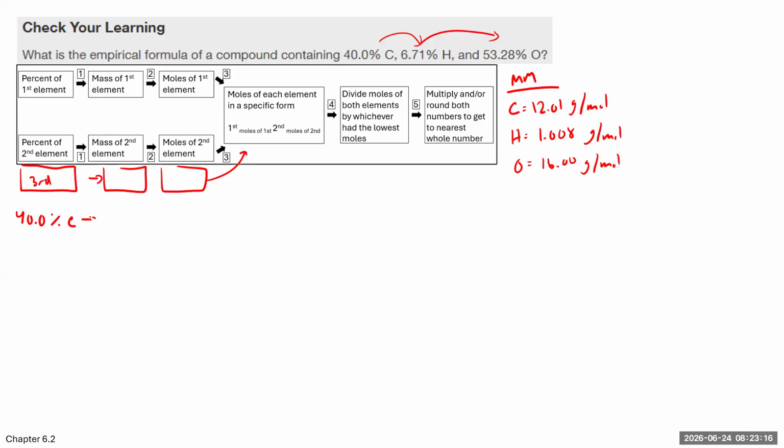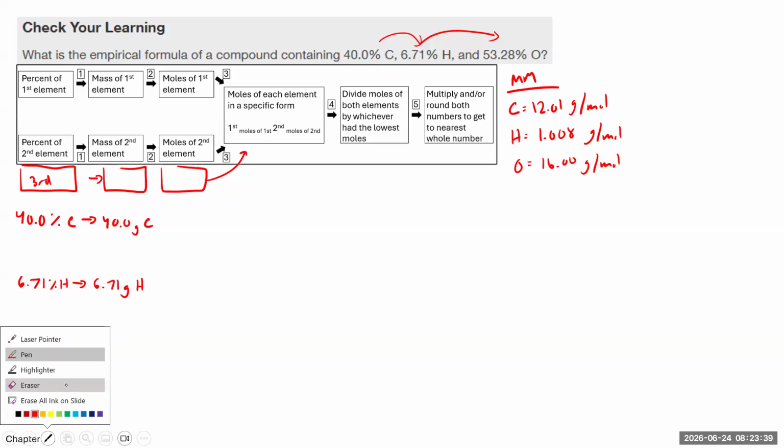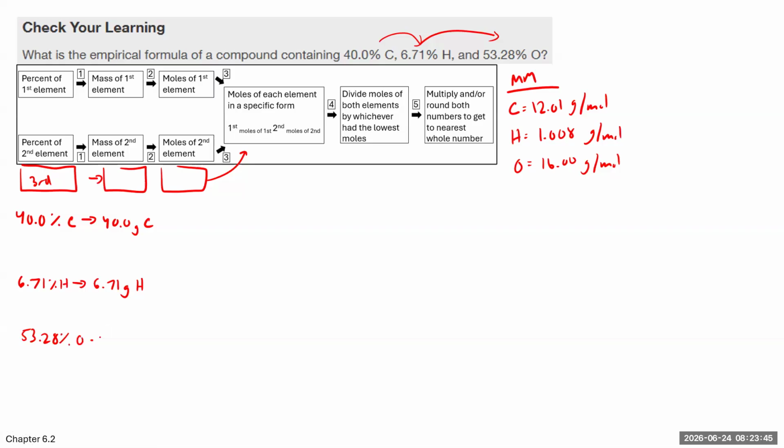Percent carbon, we're just going to say 40.0 grams of carbon. 6.71% hydrogen, well, that's going to be 6.71 grams of hydrogen. Percent oxygen, that's going to be 53.28 grams of oxygen. All right, so now we're going to have to change these to moles.